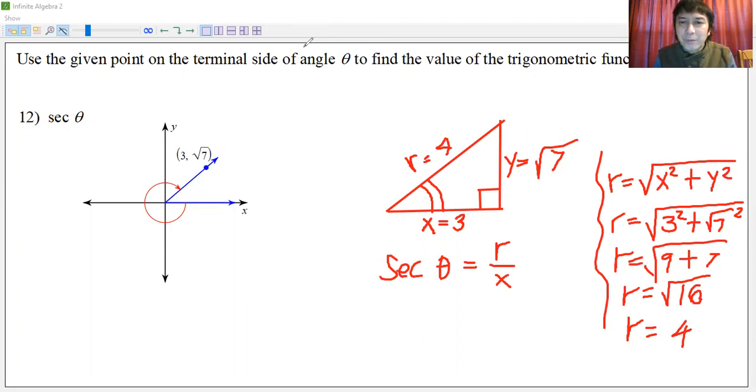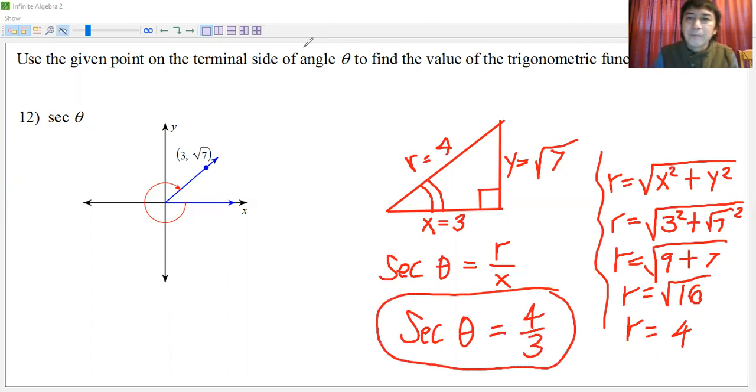So r over x means 4 over 3. Let's check and verify. Over here is the answer near the diagram by the computer, and that confirms our answer.